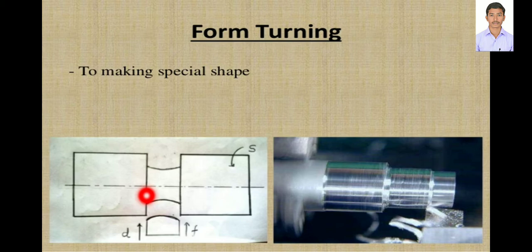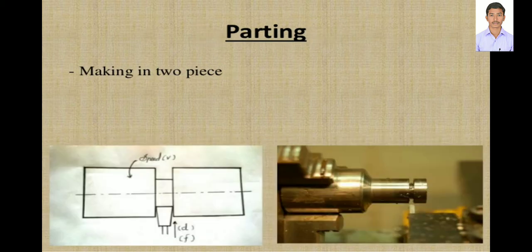What is the diameter of the shaft, and how much form are we getting on the workpiece? Material should be removed layer by layer. That is the form turning operation. Suppose a fillet is occurring in the turning operation, that is form turning.